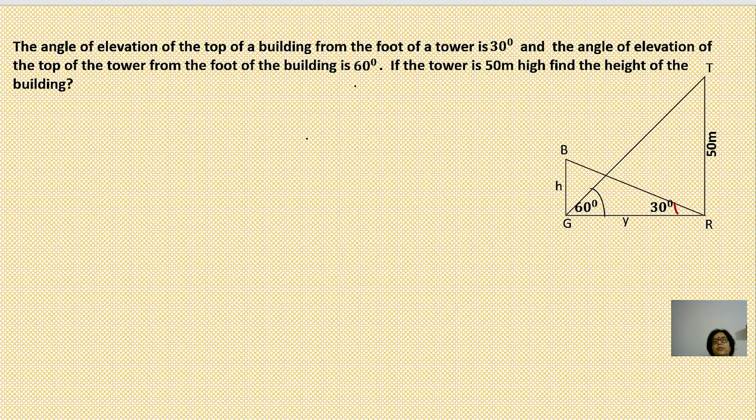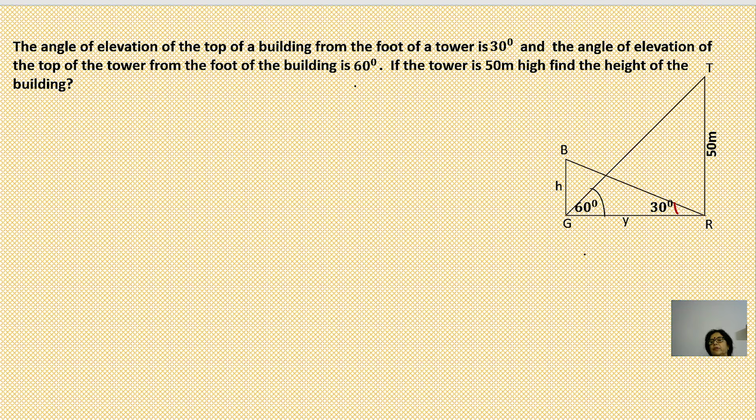Now the next question: the angle of elevation of the top of a building from the foot of the tower is 30 degrees and the angle of elevation of the top of the tower from the foot of the building is 60 degrees. If the tower is 50 meters high, find the height of the building.